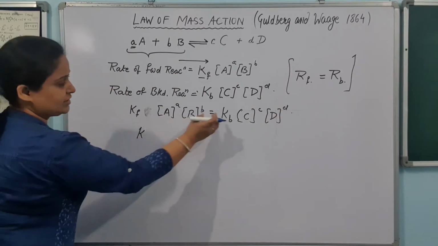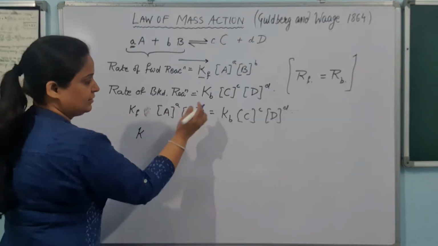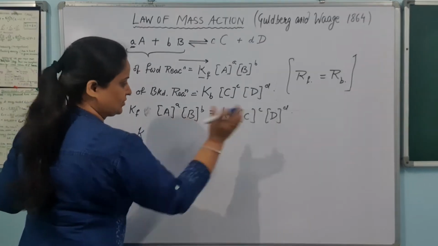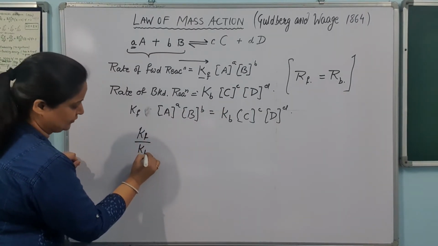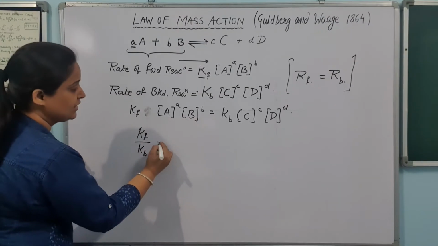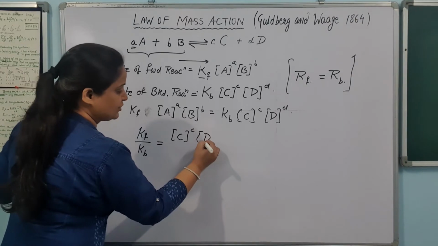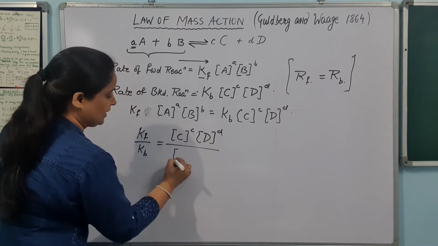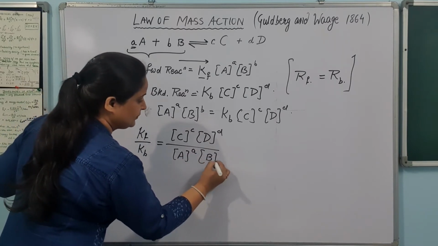Kf upon Kb, I am just keeping this, and I am shifting this A and B product to the downside. So this is Kf upon Kb in the format of this. So this is C raised to power c, D raised to power d divided by A raised to power a and B raised to power b.